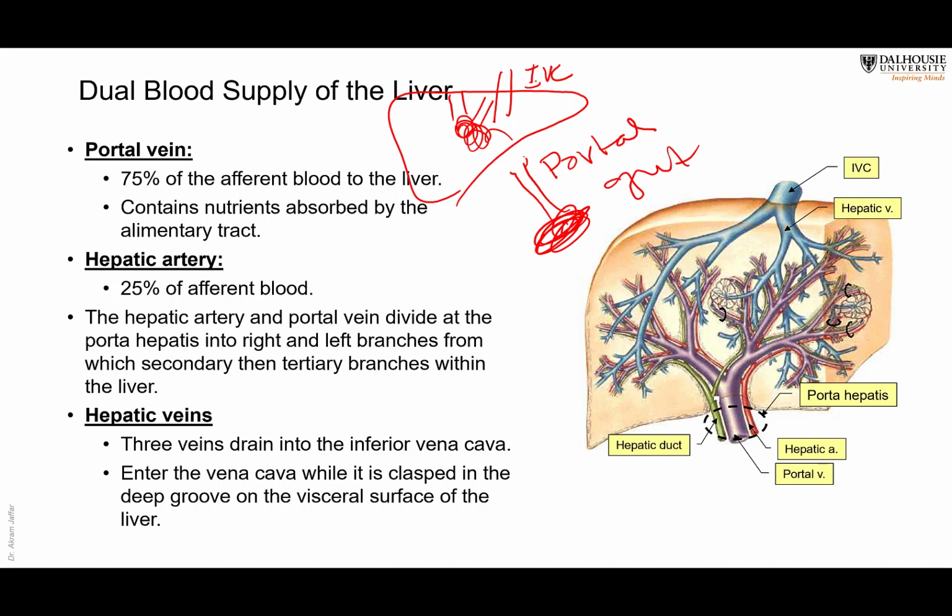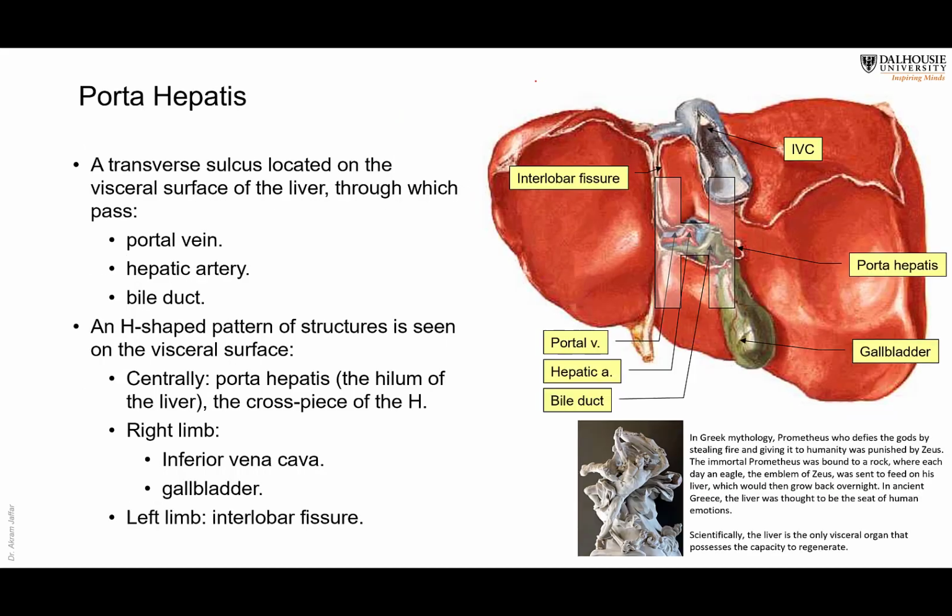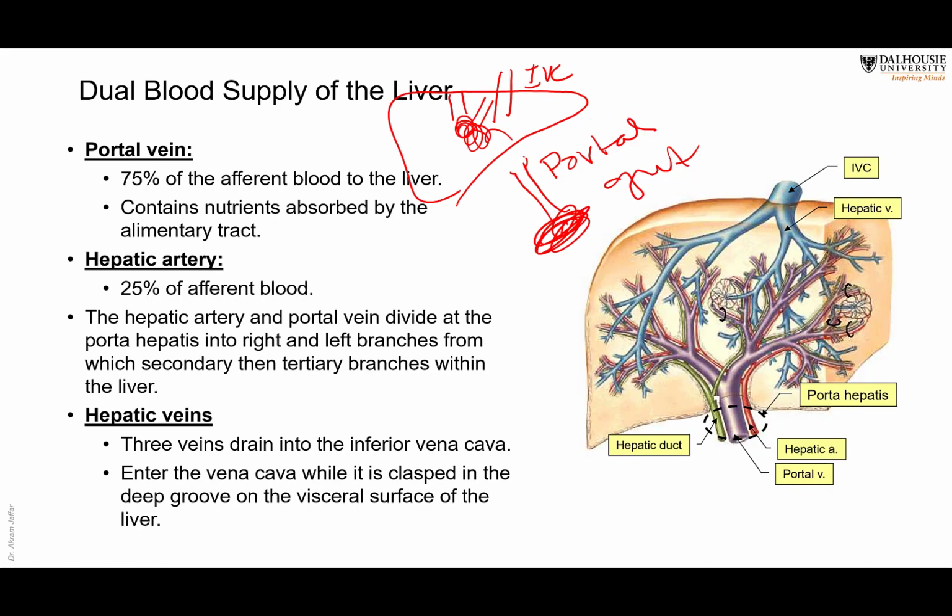So most of the blood of the liver, 75%, comes from the portal circulation, 25% comes from the artery, and that's why one of the distinguishing features of the portal vein and the hepatic artery is that the hepatic artery, as you can see here, is smaller than the portal vein, because the portal vein delivers more blood to the liver than the hepatic artery. And the hepatic artery, therefore, delivers the oxygenated blood to the liver, while the portal vein delivers the nutrient-rich blood to the liver that has just been absorbed from the gastrointestinal tract.